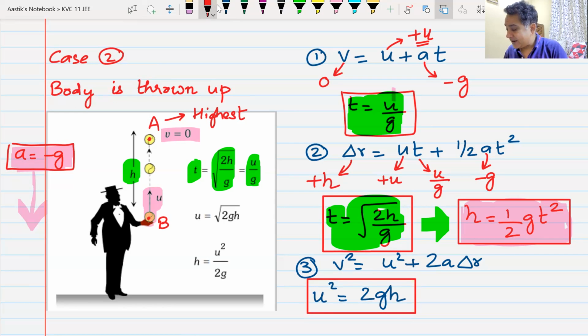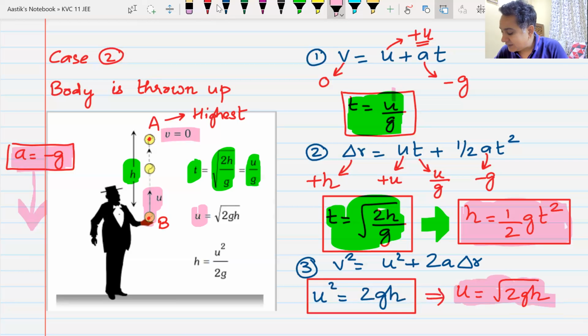Or I can find out u from here. I can write, my dear friends, u is root over 2gh. Do we understand this? This is the formula in pink that is given here. We understand this? Raise hands will give me more confidence that we understand this.